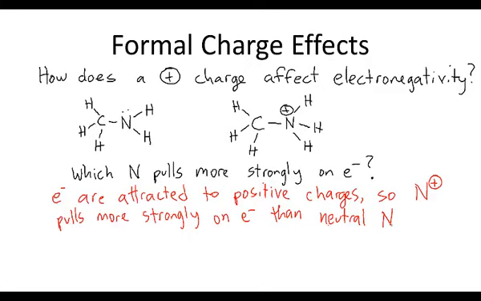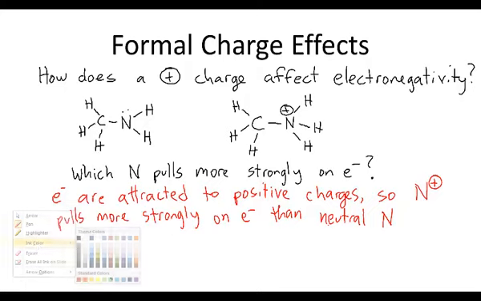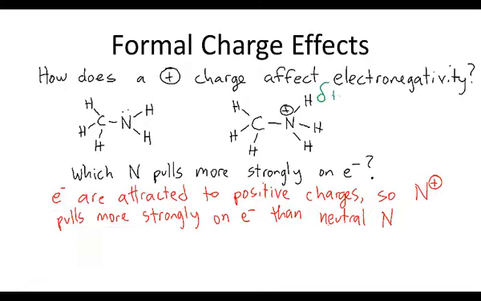So in terms of these, the hydrogens on the nitrogen with a positive formal charge are going to have bigger partial positives than the hydrogens on the neutral nitrogen.